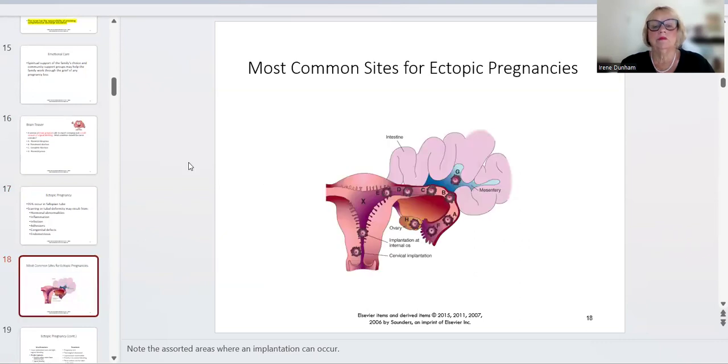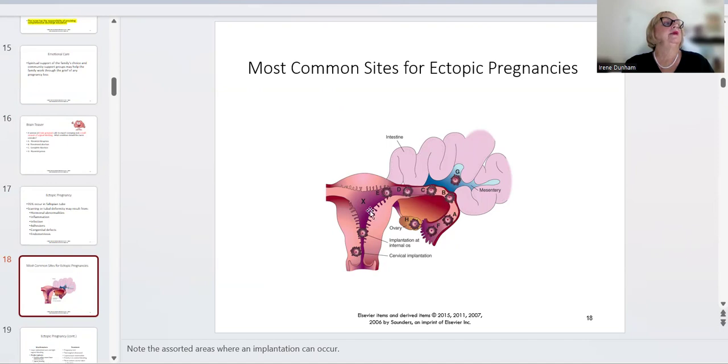And here's my little picture. So you can see, here's your ovary, and here we have the release of the egg. Here you have fertilization, and here he's trying to make his way through the tube. But guess what? He gets stuck in the tube.